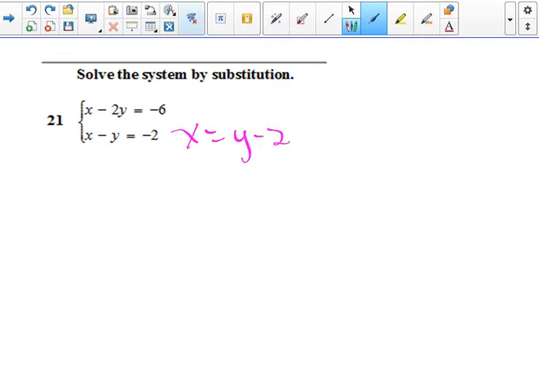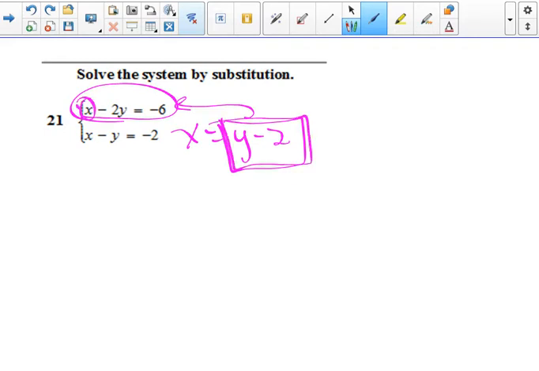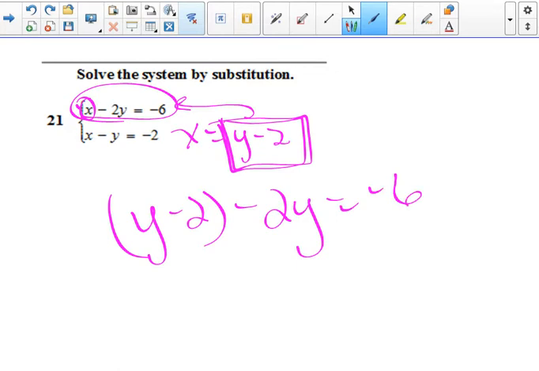Okay, now we're going to take x equals y minus 2 and sandwich that into the other equation. So we've got x minus 2y equal -6. So everywhere there's an x, we're going to replace it with y minus 2. So doing that, we've got y minus 2 minus 2y equal -6. Now just solve.